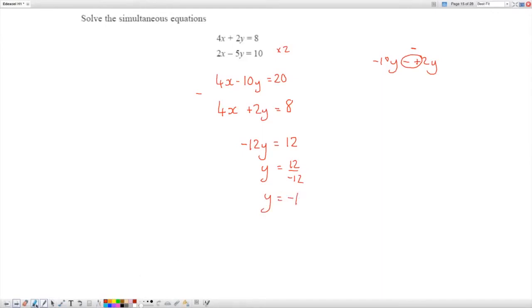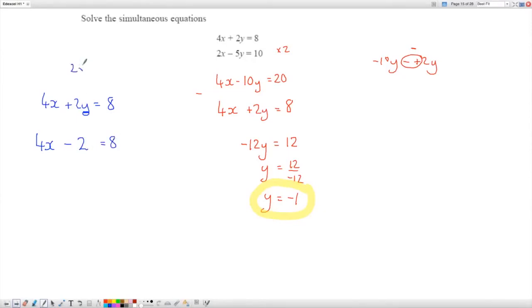Once we have found the value of one variable, in this case y, we must substitute back into the original, not any of the ones that we have changed, such as here. So let's take our first equation, 4x plus 2y equals 8. We're now going to replace our y by minus 1. So we have 4x minus 2 equals 8.